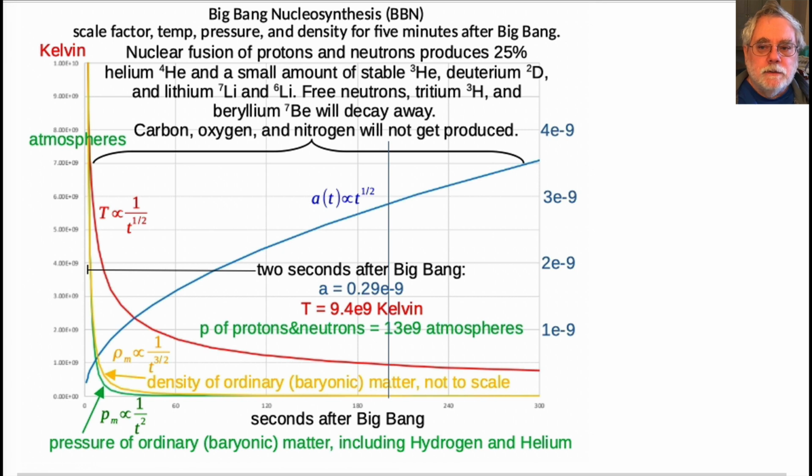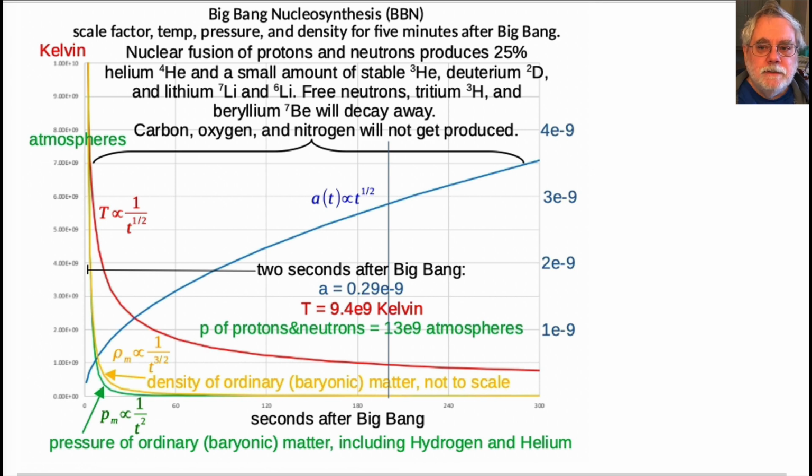Radiation, photons and neutrinos, neutral elementary particles with mass much lower than electrons, had energy density 1,000,000 times the energy density of matter 2 seconds after the Big Bang, and 82,000 times at 5 minutes. So radiation dominated expansion of the universe. Dark energy was utterly insignificant.